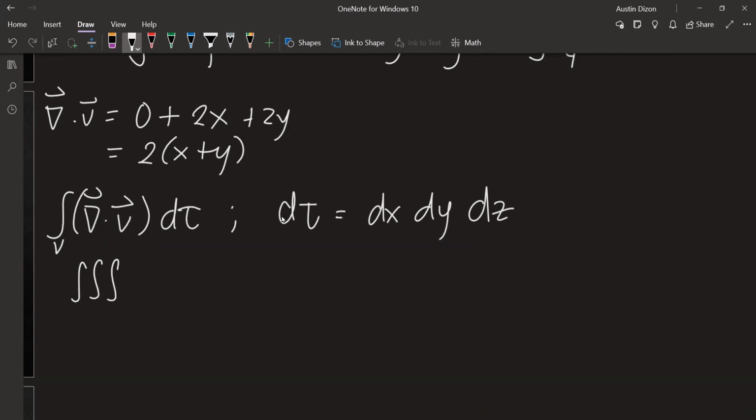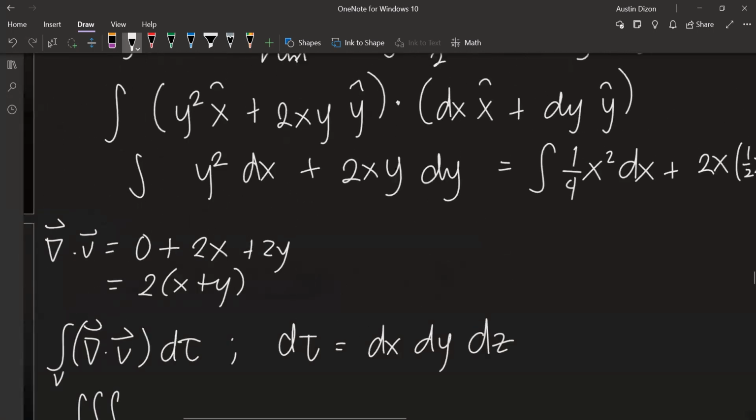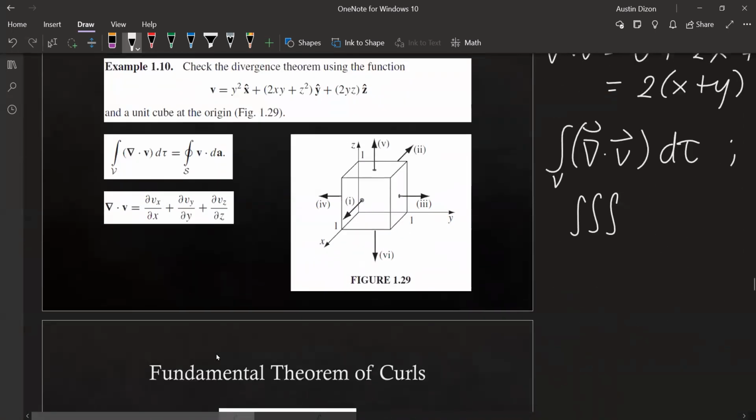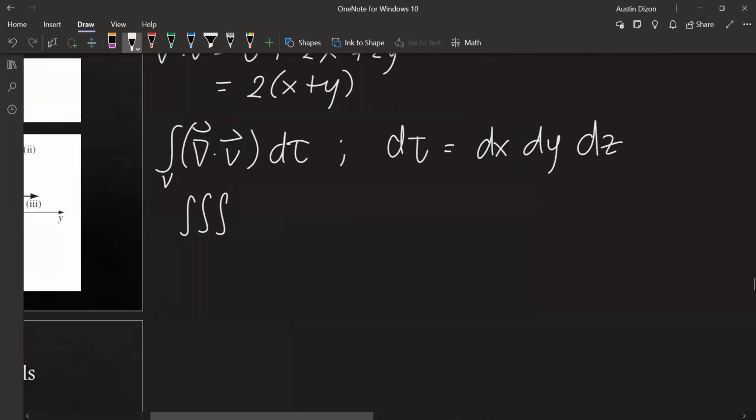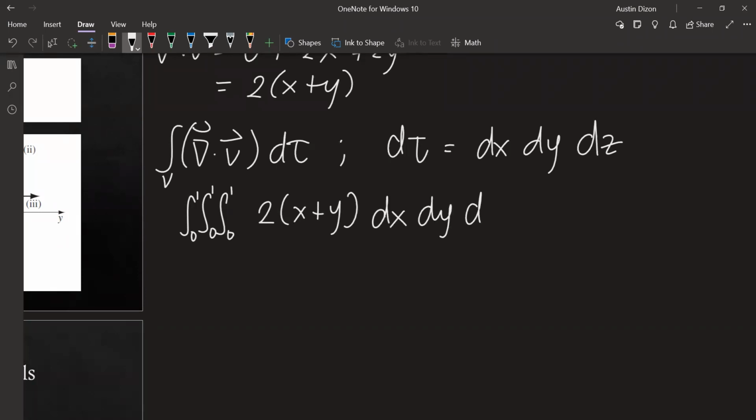And then, yung volume mo ay unit cube. So everything will run from 0 to 1, 0 to 1, and 0 to 1. Kasi unit cube, di ba? Ibig sabihin nun, yung sides niya 1 lahat. So 2x plus y. And then, sulat natin si dito. So dx, dy, dz.